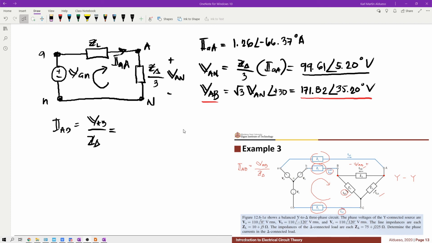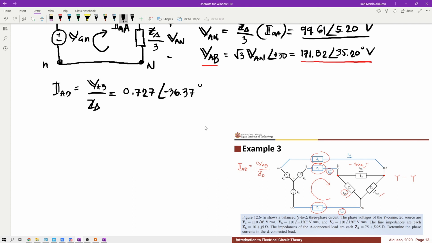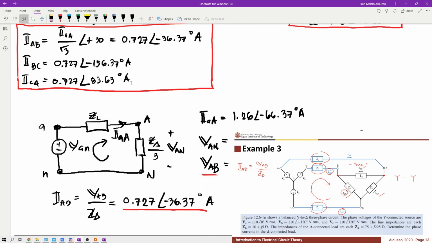So going back, IAB is just equivalent to 0.727 angle of negative 36.37, which is the same as this value right here.